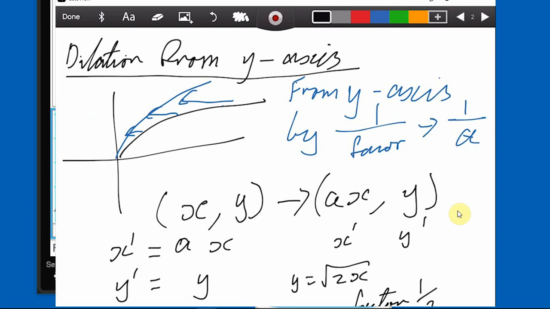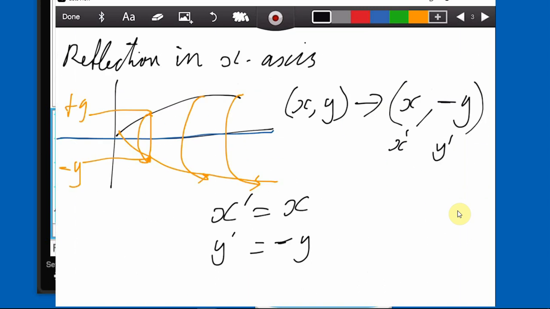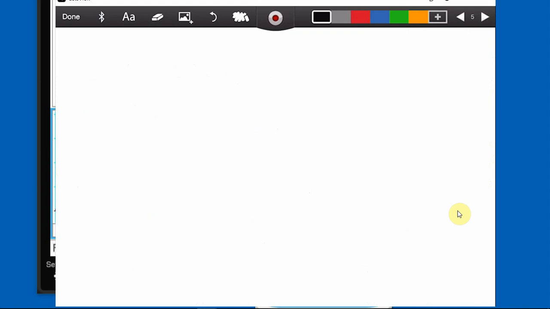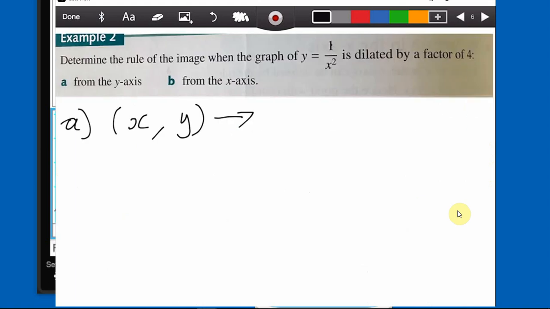What's going to happen for our image? We've got a factor, and a is our factor here. So from the y-axis, it is our x that changes, and it will be 4x, and y this time.